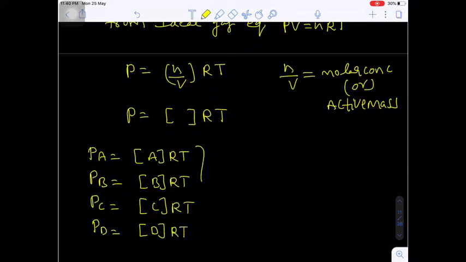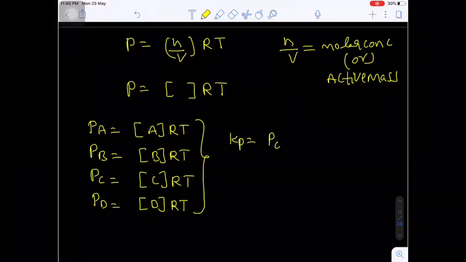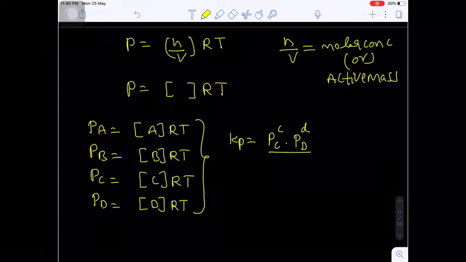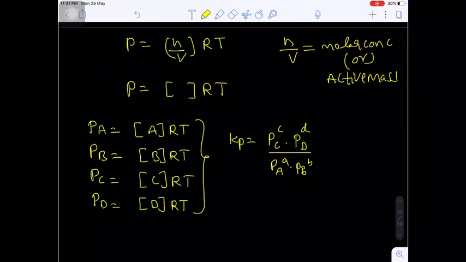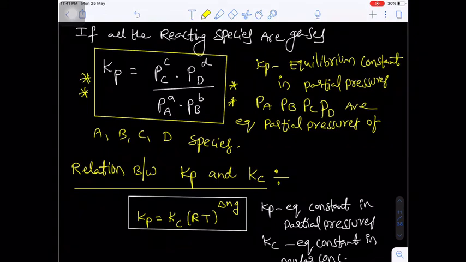Okay, now we know PA, PB, PC and PD. Now we are writing Kp is equal to, once again, PC to the power c, PD to the power d, whole divided by PA to the power small a and PB to the power small b. This is the expression of Kp.